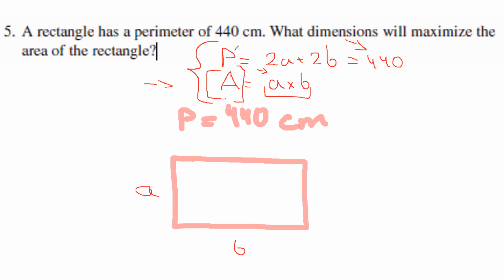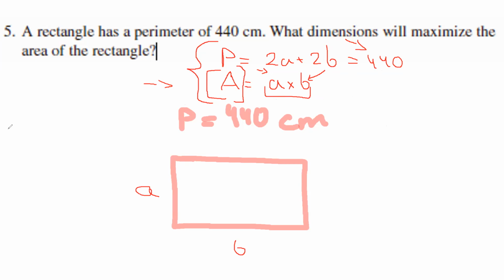When we substitute some values into the perimeter function, we substitute the same values into the area function. So A and B in both of them are the same. If I find this B, I can substitute it here for this B. So how can I find B?